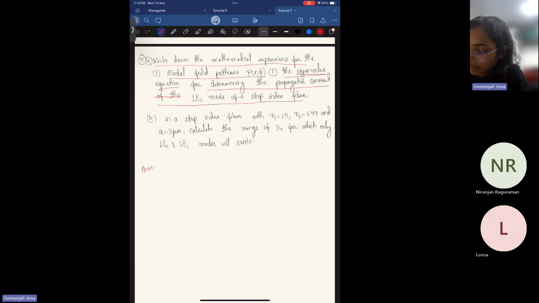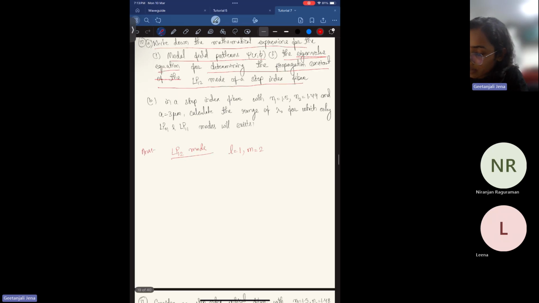So we have the LP12 mode, which means L is 1 and M is 2. For the modal field pattern, always remember the expression.